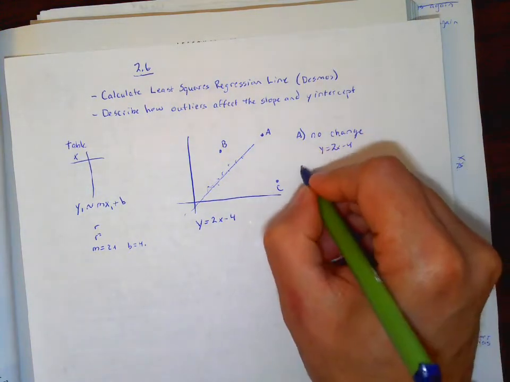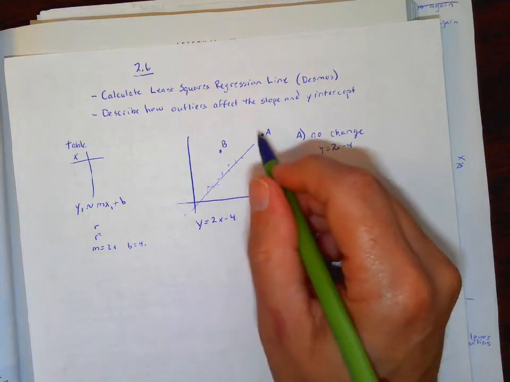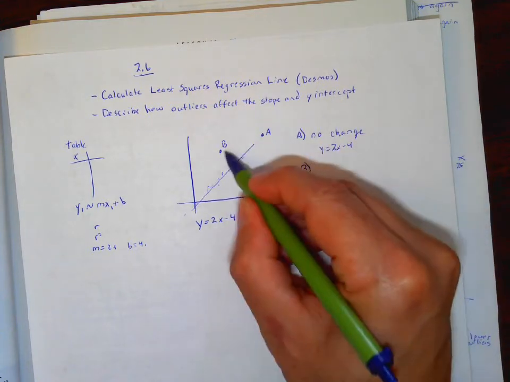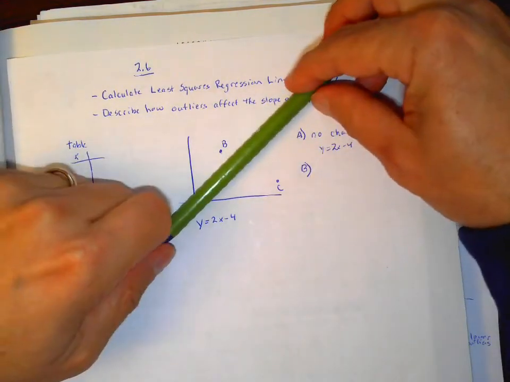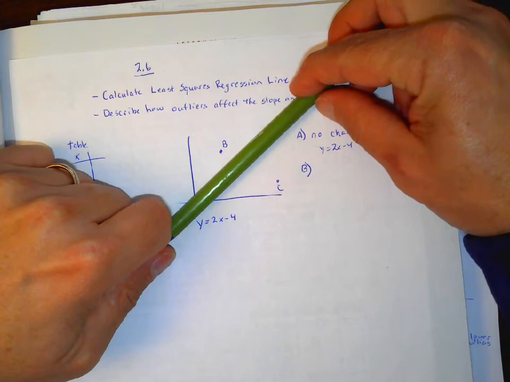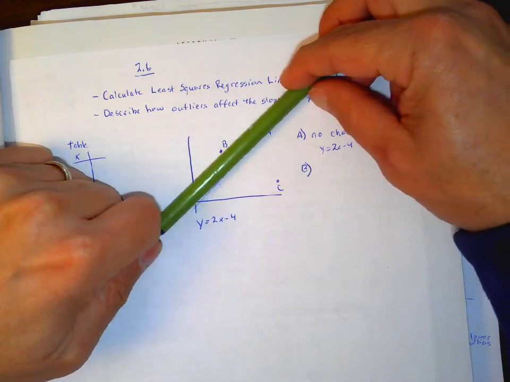Now point B, take a guess. What do you think point B would do? So this is our line, and if I add point B to it, what's going to happen is it's just going to pull it all up a little bit. Not a whole lot, but it just pulls it up a little bit.